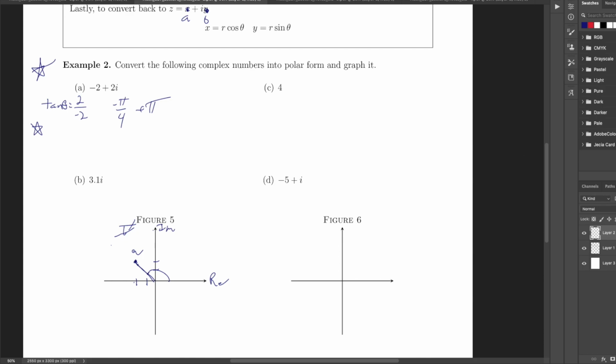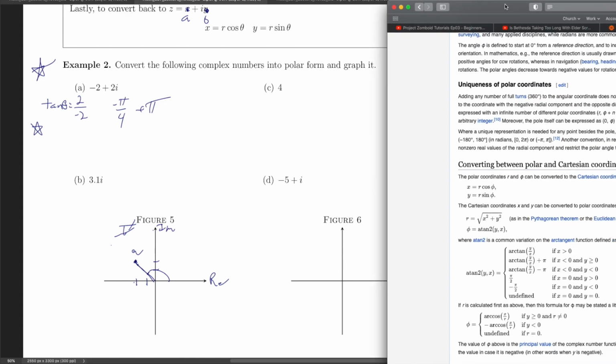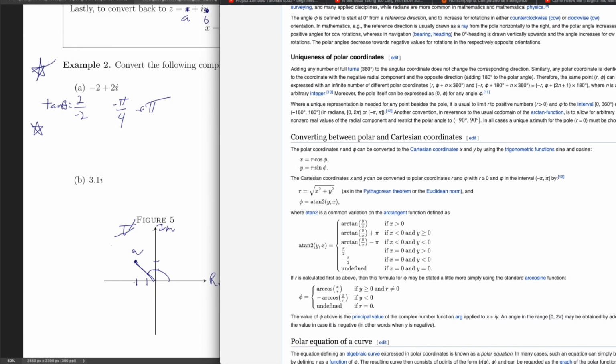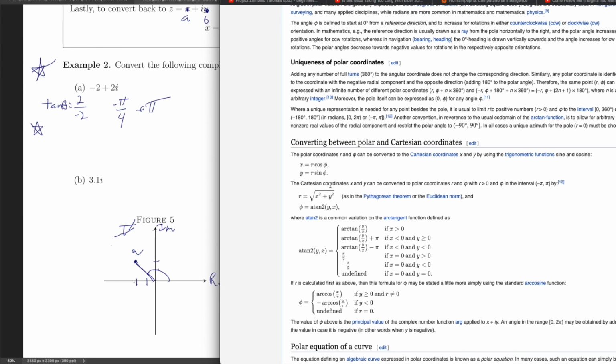I am going to borrow something from Wikipedia, because that's free. Notice here we have arctangent of x over y if x is positive. So if I have the real part positive, you can just take the arctangent normally. If the arctangent is negative and y is positive, which we have in this case, you go ahead and add pi to it.